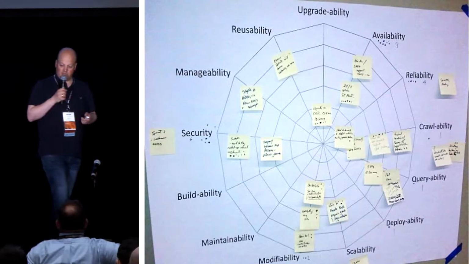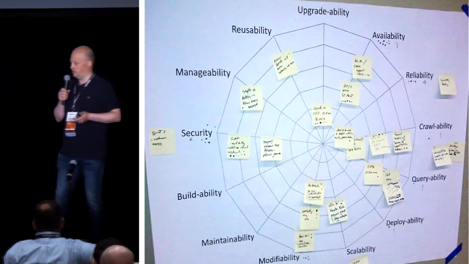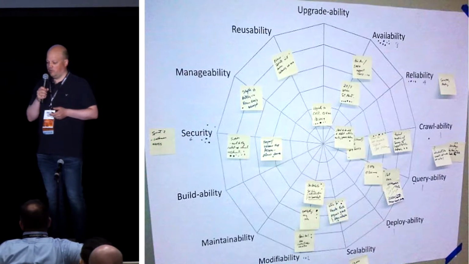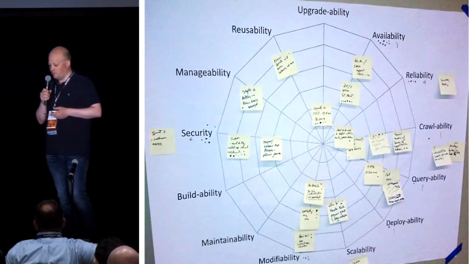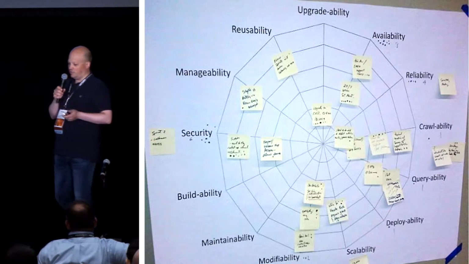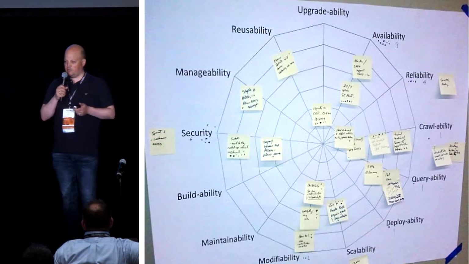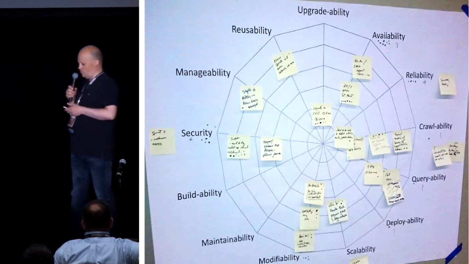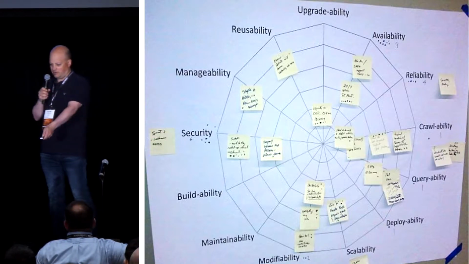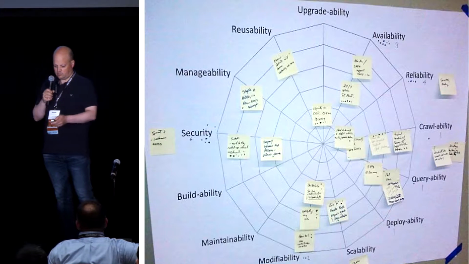And going back to the ilities, or the architecture qualities that we're looking for, we can see that upgradability is always important. It's one of those things where we don't really know what we're doing. You can see this here in the slide.